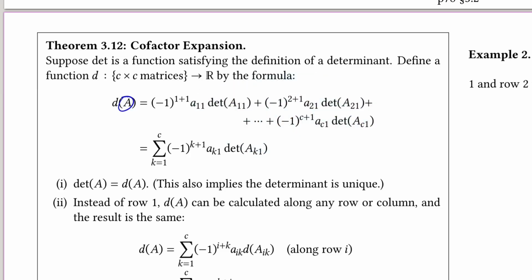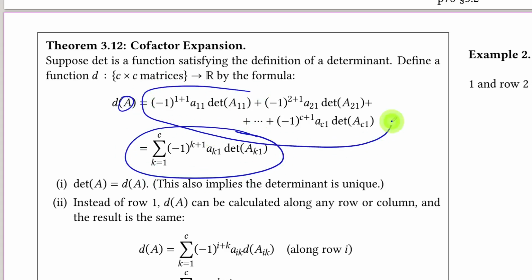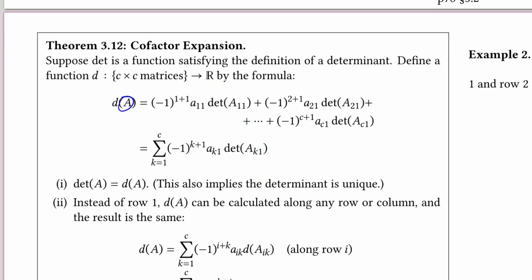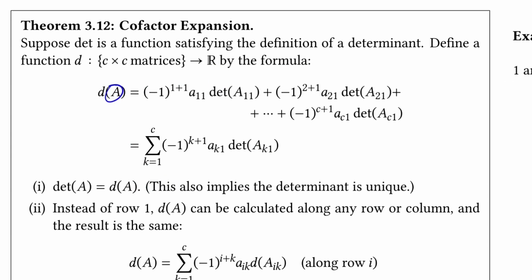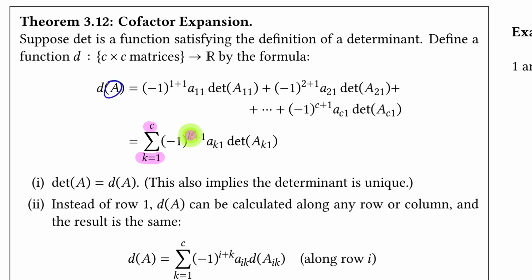All right. Now, there's a lot going on here. First of all, I do want to point out that these two formulas are saying the same thing. This thing with sigma notation is just shorthand for this. Let's just make sure we see why that is. We're saying k goes from 1 to c, and so part of it is the exponent of negative 1.